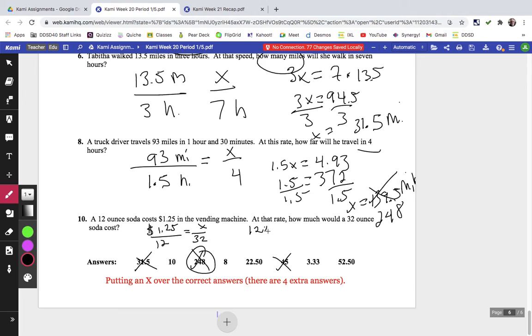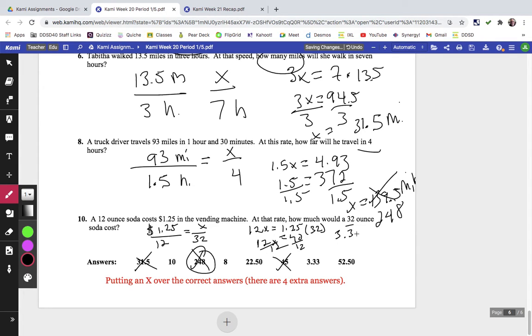So 12x equals 1.25 times 32. It's 40. So 12x equals 40. Divide by 12. 40 divided by 12 is 3 1/3, repeating.